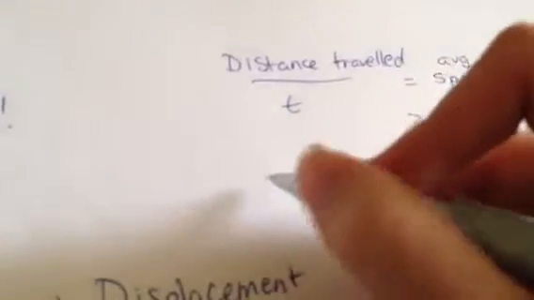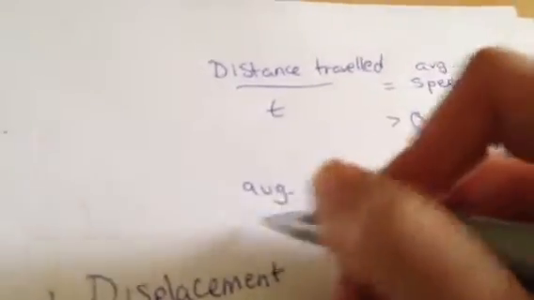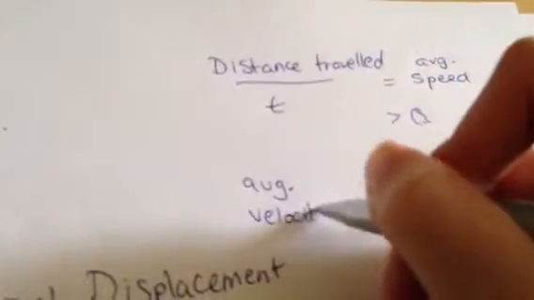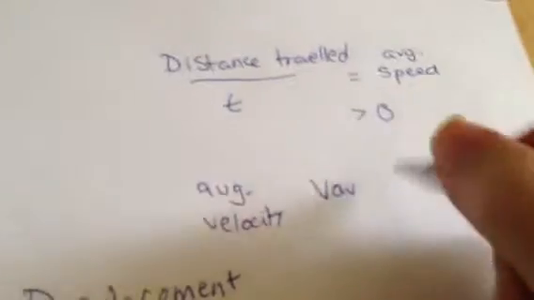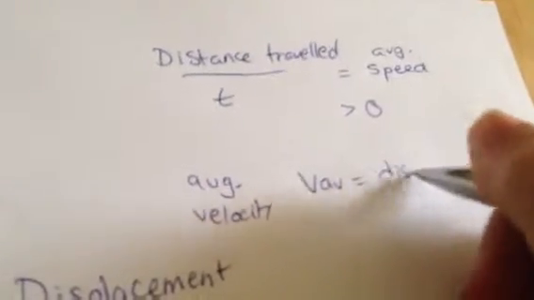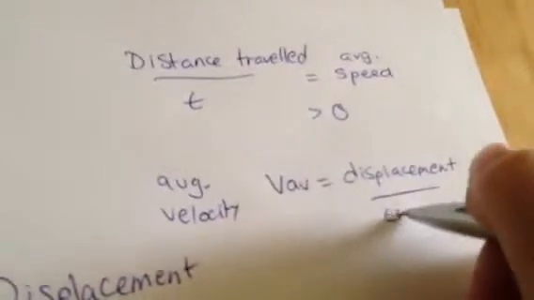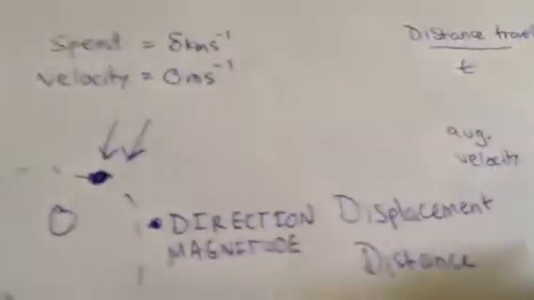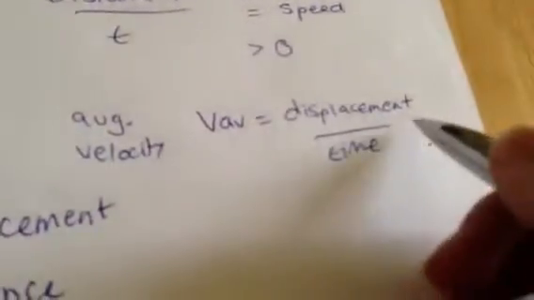And for the next one, where we actually look at velocity, or average velocity, which can be represented as v average, we are looking at what's known as displacement over time, as I said before. And because displacement is a vector quantity, just like velocity, we haven't really moved anywhere.